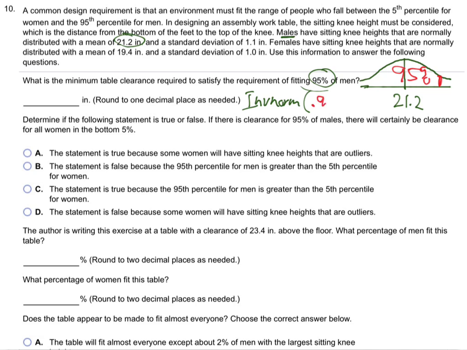So this is 0.95 because that is the percentage to the left. Then put in the middle, 21.2, the standard deviation, 1.1. Hit the buttons on your calculator.